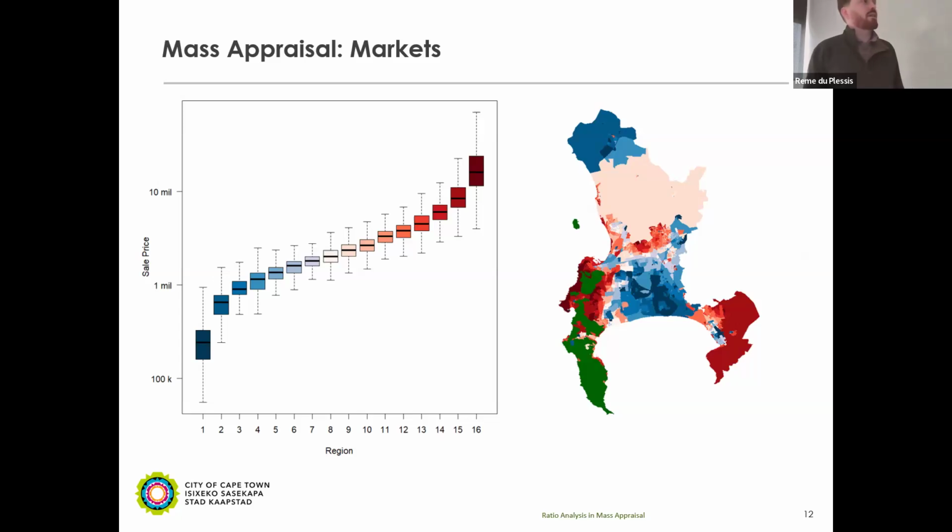And to give you an idea of how this is distributed, the 25th percentile of the market has sales of about 900,000 Rand, 50th percentile 1.9 million, and 75th is around 3.3 million. Then we go all the way up to like 152 million Rand. Those would be your Nettleton Roads, your Cliftons, your Bishop's Courts.